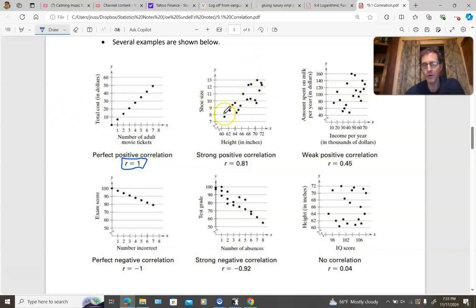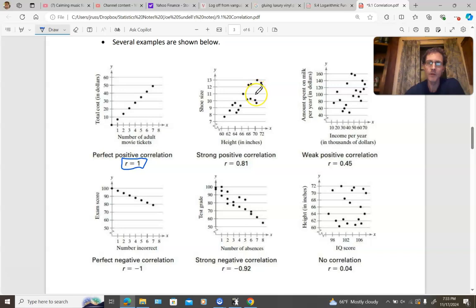Now this next example, our two variables are height, that's our independent variable, and then our dependent variable is shoe size, okay? And so we got this scatter plot from the data, and so you can see that this is not a perfect correlation, but it does appear that as the values of X increase, the values of Y are increasing as well, or more generally, the taller a person is, the larger the shoe size they're going to typically have.